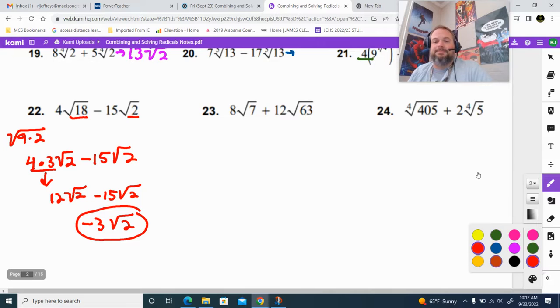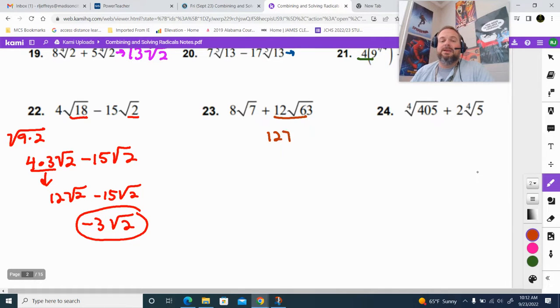All right, let's look at this one. What do you think 63 divided by 7 is? Aha. What is the square root of 9? Okay.